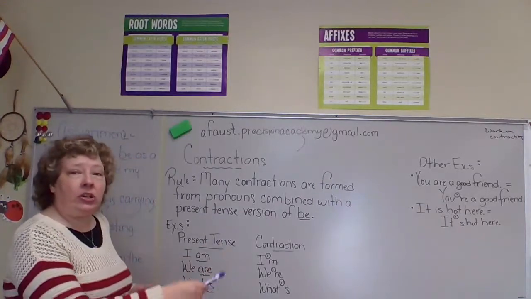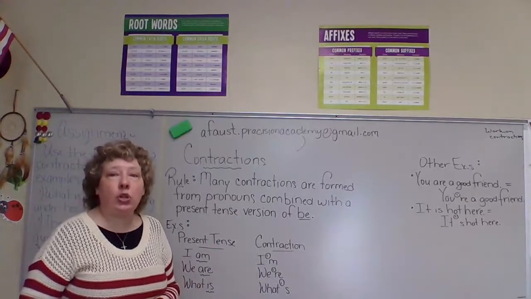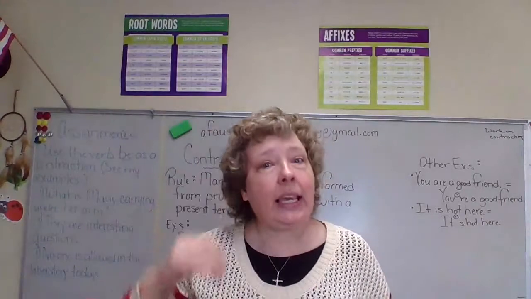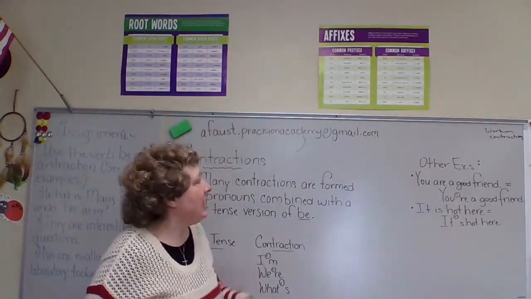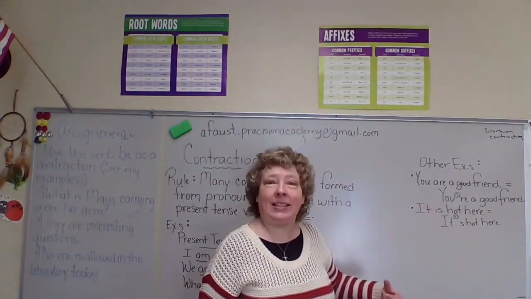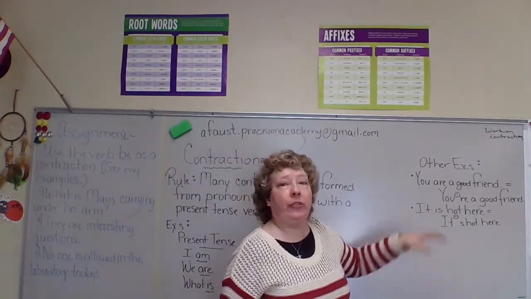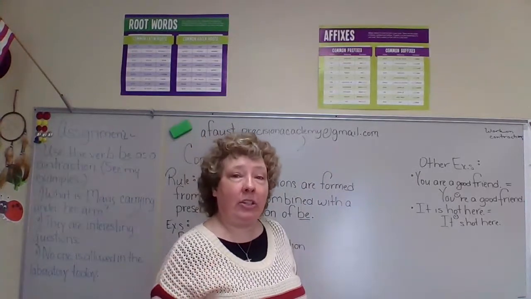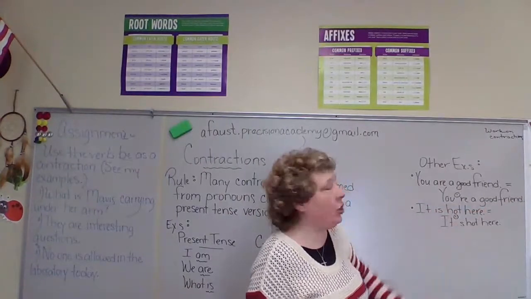Any questions? Do you understand this? Contractions are very important. We tend to use contractions in our talking, speaking, and in our writing, don't we? Yes. Here's some other examples. Actually, these are sentence ones, aren't they? Okay. You are a good friend. We turn that into a contraction sentence by saying, you're a good friend.